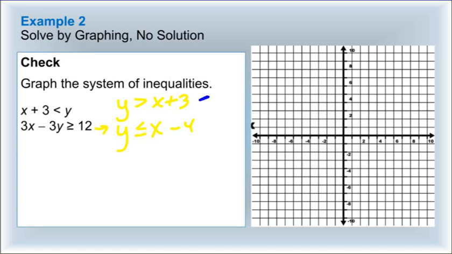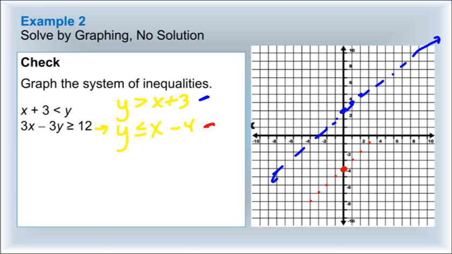I'm going to use the top one as blue. And I'll put a point at 3, slope of 1, so up 1 over 1. Doesn't equal it, so it's a dashed line. The other one I'll use red for, put a point at -4, slope of 1 as well.